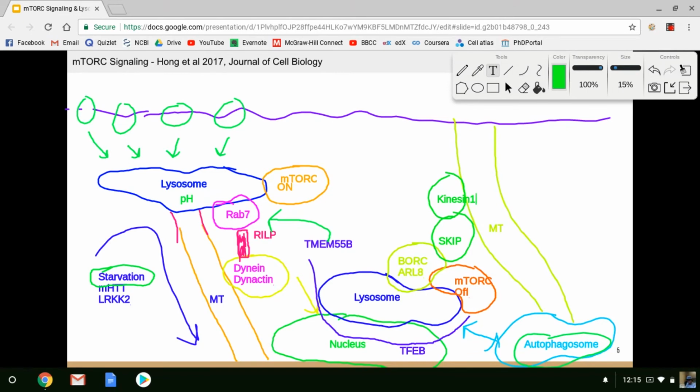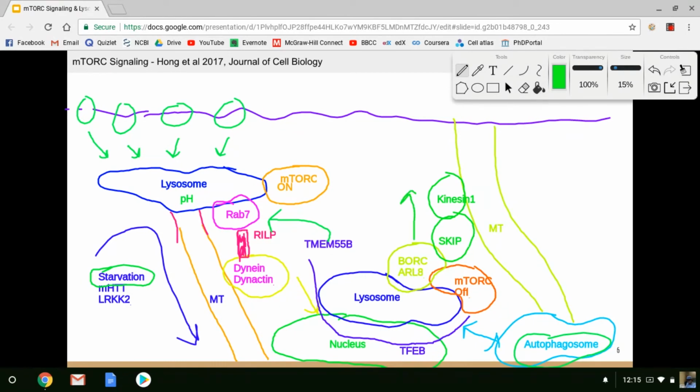Kinesin is our plus-end motor protein on microtubules, kinesin 1. And so we have BORC bound to lysosomes. It recruits RL8, which then somehow gains GTP. It might be a member of the BORC complex that functions as a GEF, I'm not sure. But RL8, when it's bound to GTP, interacts with an effector called SKIP, and SKIP links the complex to kinesin.